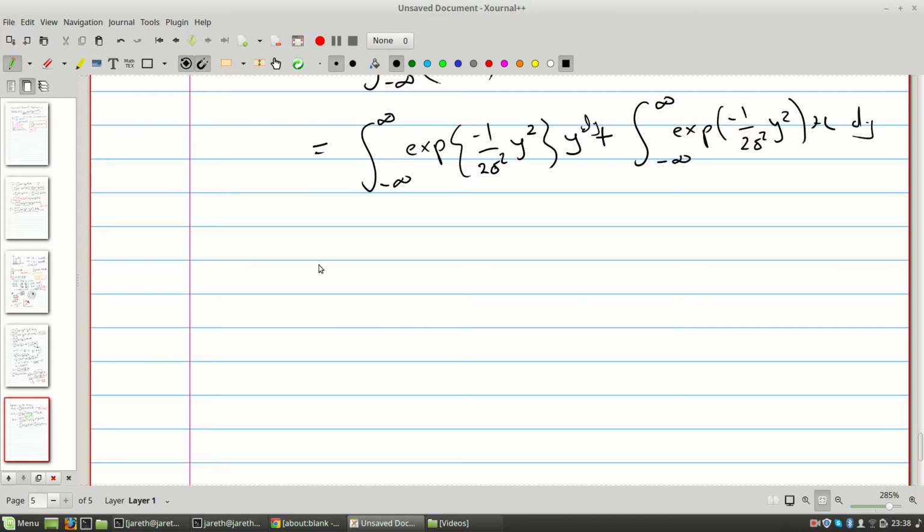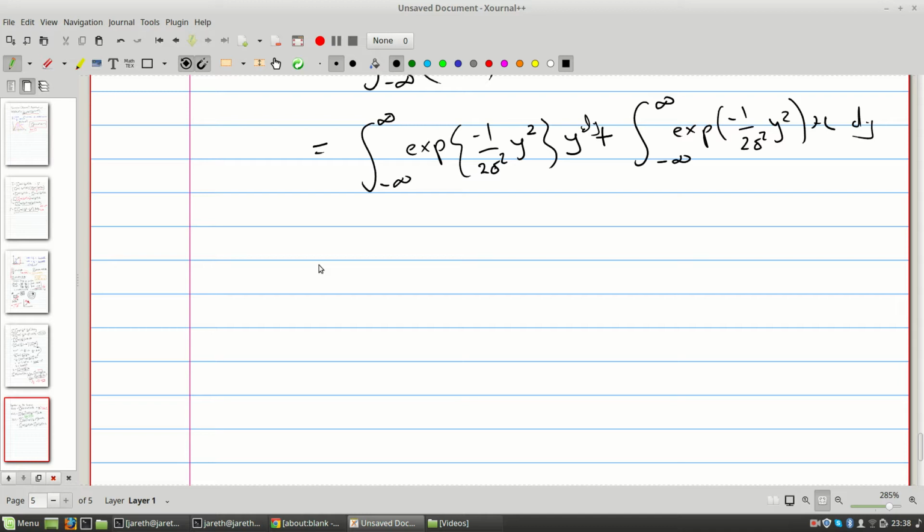Okay, so let's look at these functions to begin with, because this is an interesting part. One property that we know about even or odd functions is that when we look at even functions, for instance, and take the integral from minus infinity to infinity, it's the same as taking the integral from 0 to infinity and multiplying by 2.